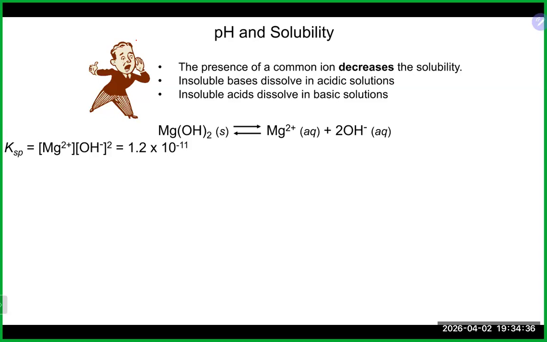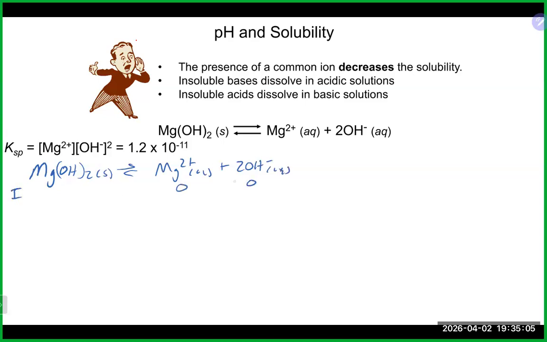So if we take a look at our friend here, magnesium hydroxide, the Ksp for it is 1.2 times 10 to the minus 11. We run through our normal ice table on this to look at its solubility here in water.